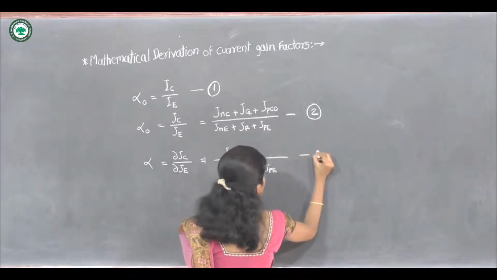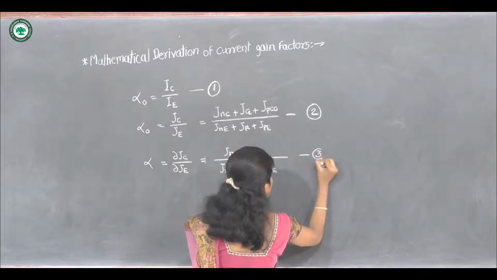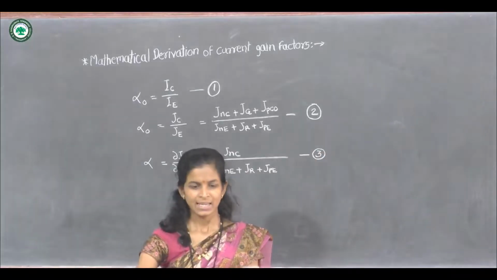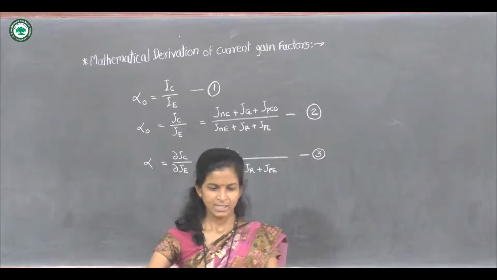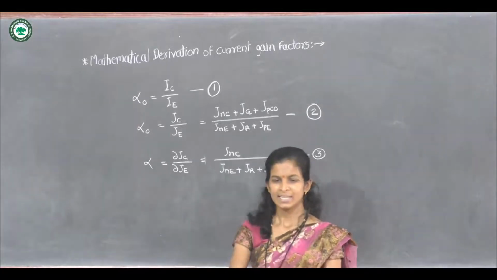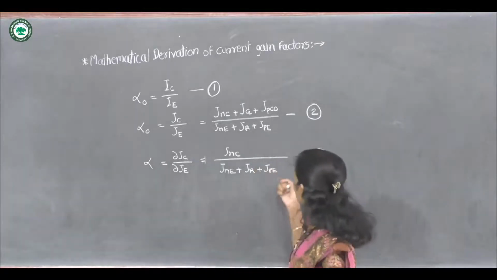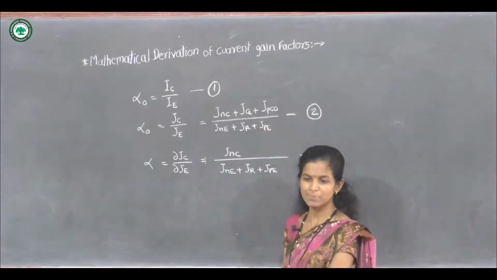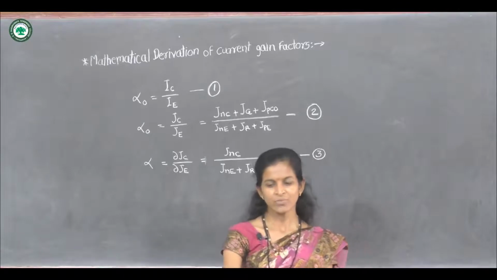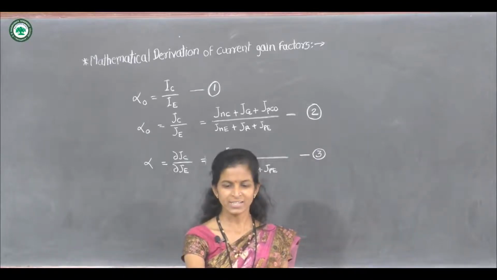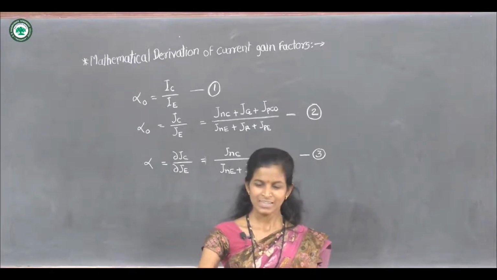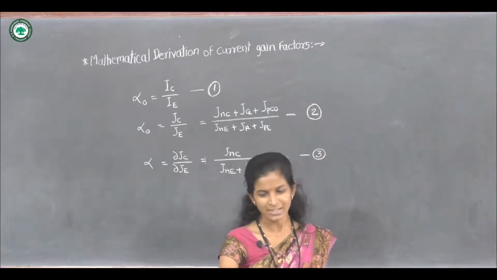This is equation number 3. In this equation we have not considered JG and JPCO because the reverse biased base collector currents JG and JPCO are not a function of emitter current.